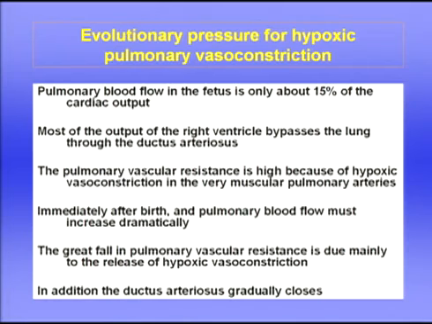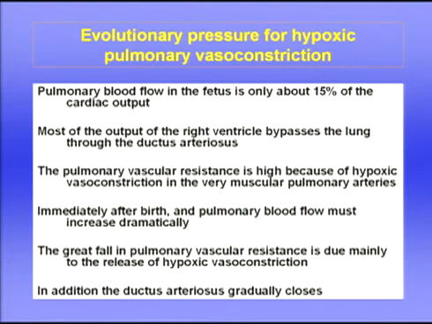However, at birth, when the baby takes its first breath, dramatic changes take place. First, after a few seconds, gas exchange through the placenta becomes unimportant, and now the baby has to rely on his lung for gas exchange. So now pulmonary blood flow has to increase dramatically from 15% to most of the cardiac output. And that needs, of course, a dramatic fall in pulmonary vascular resistance. And this comes about mainly because of the release of the hypoxic vasoconstriction.